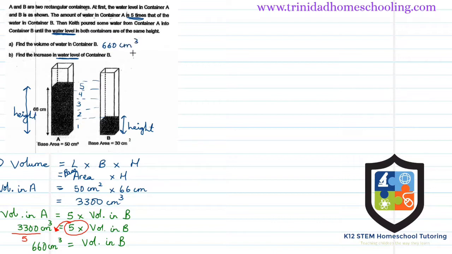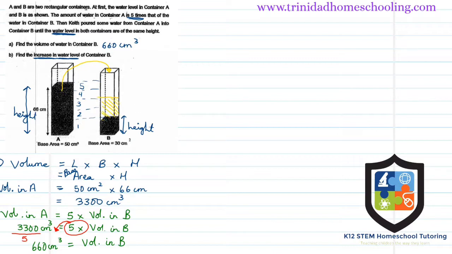Now let's take a look at part B. Part B is asking you to find the increase in water level of container B. Now this increase comes after we add some water from A into B. We will have some new level of water in here.